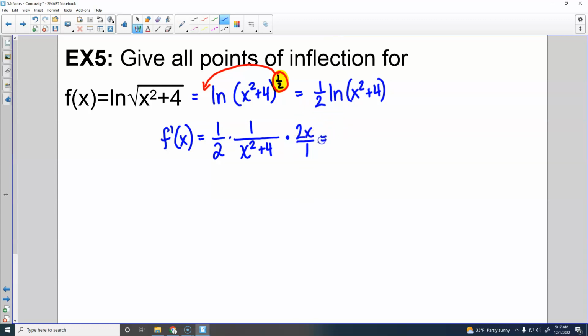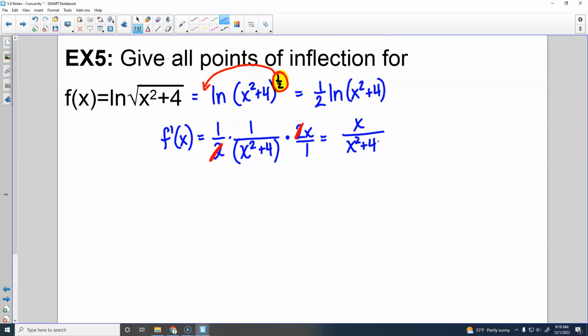So this 2 right here can cancel with this 2 right here, so I will get x over x squared plus 4. It makes it a lot easier to pull that 1/2 out first, because otherwise you got a chain rule that gets a little more extensive.